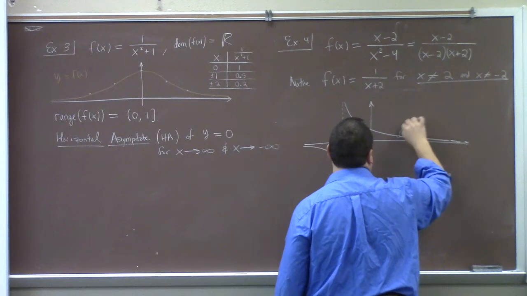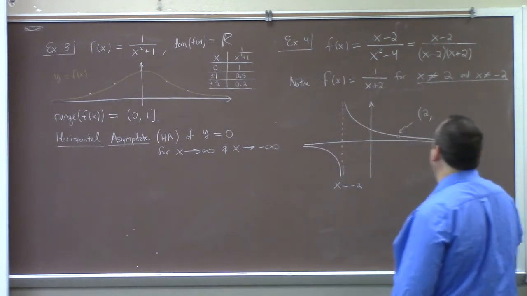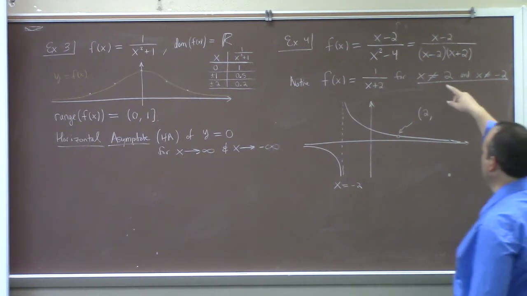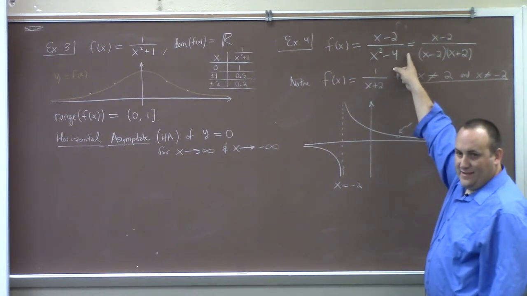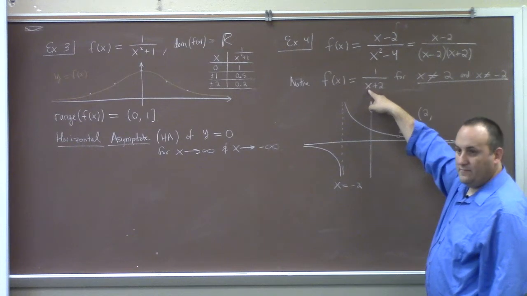Where is this hole specifically? How do you figure out the y-coordinate of the hole in the graph? You certainly can't plug it into the original formula, because that gives you 0 over 0, right? What you do is you plug it into the reduced formula, and that gives you 1/4.